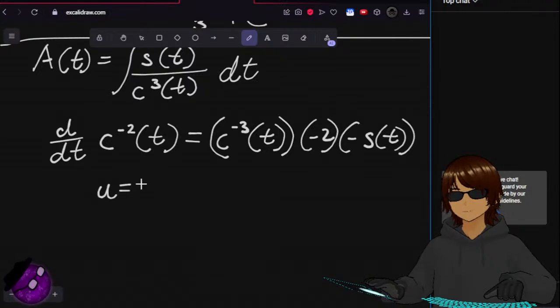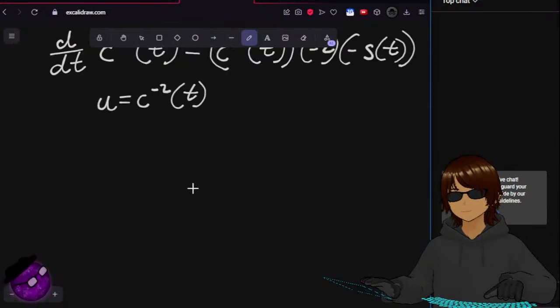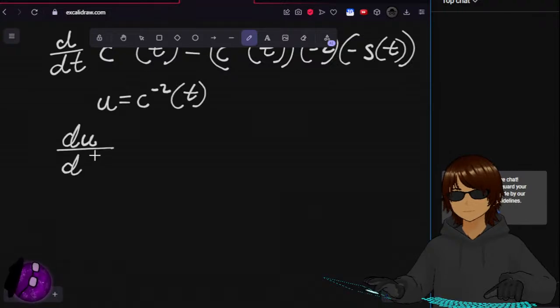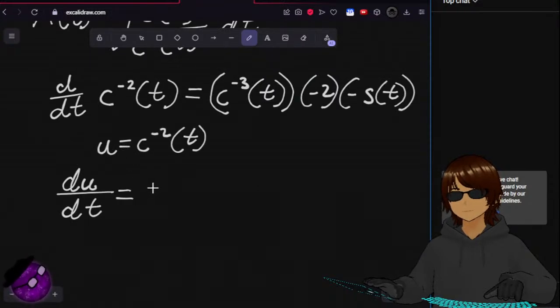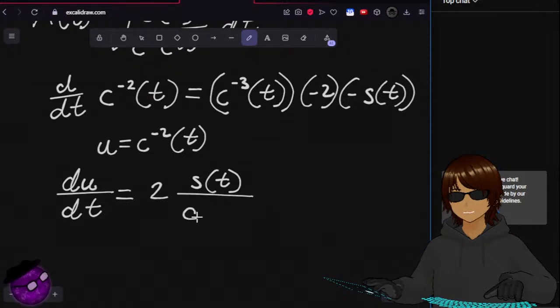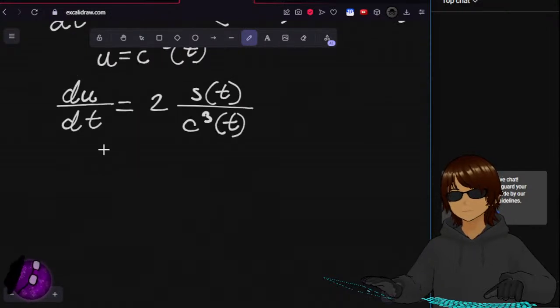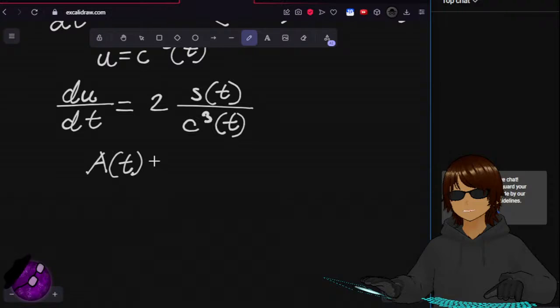So u is equal to, I think this is a good choice, sine t, well, cos cubed t. So the area function, I mean, technically it does give the area.